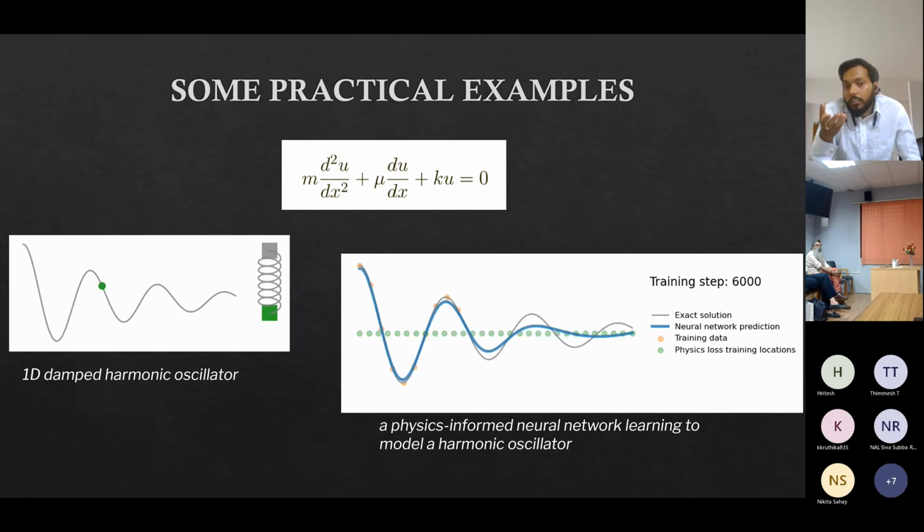Here you can see in the right side image too, the neural network prediction and exact solution are coinciding with each other. So we can see that PINN is effective in solving differential equations.